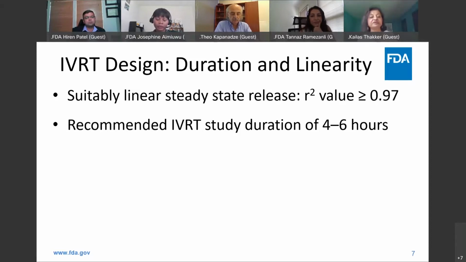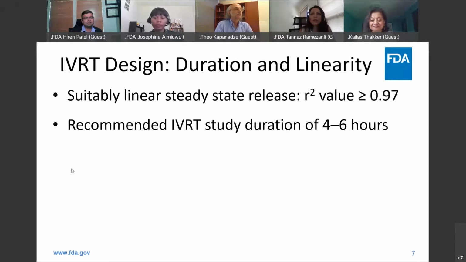You'll get a 0.97, but you have a curvature. You need to know that when you're developing your method, and you need to look at your data in graphical form to see what kind of shape of release profile you're getting. I think there is no substitute for that. You're exactly right, and I will show that in the next slide with some of the examples.